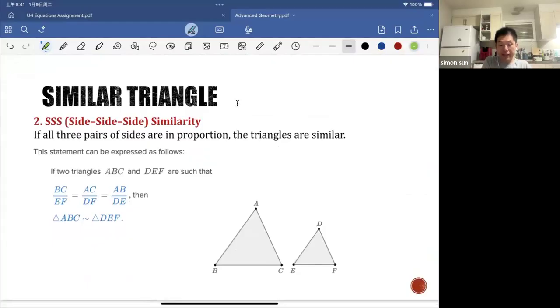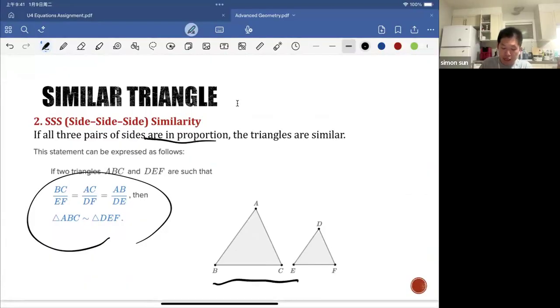Okay, how do we prove that? All three corresponding sides are in proportion, or the ratios are the same. The corresponding side ratios are the same. Take a look at this graph. Triangles ABC and DEF, the shapes are the same, and the only difference is the size.